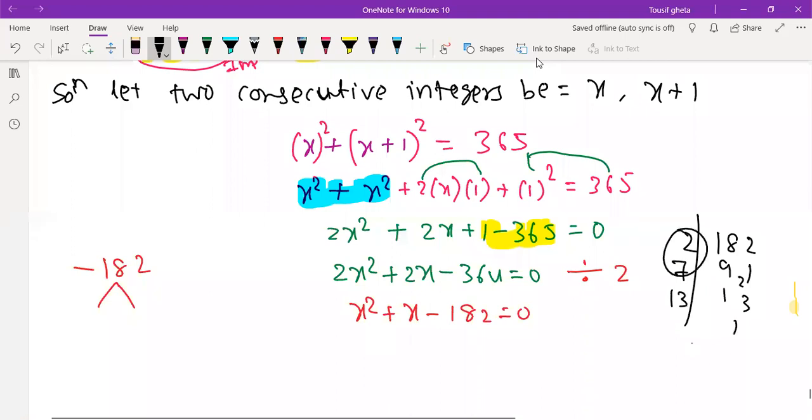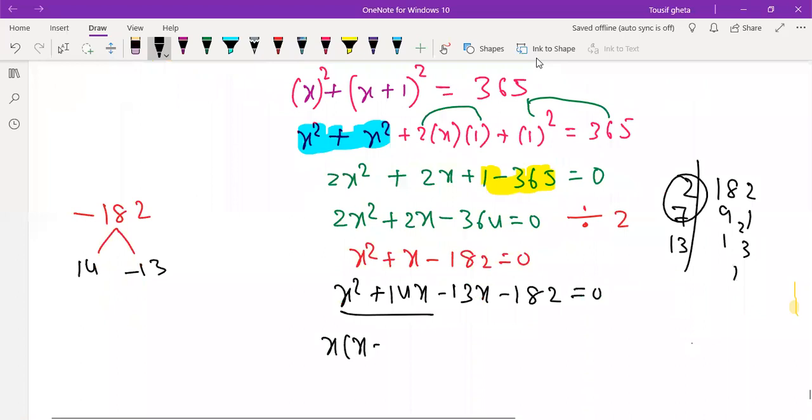We want plus 1, so minus. x square plus 14x minus 13x minus 182 equals 0. Take x common: x (x plus 14) minus 13 (x plus 14) equals 0. So both the answers we will get now.